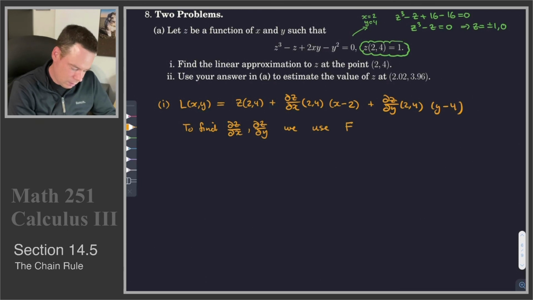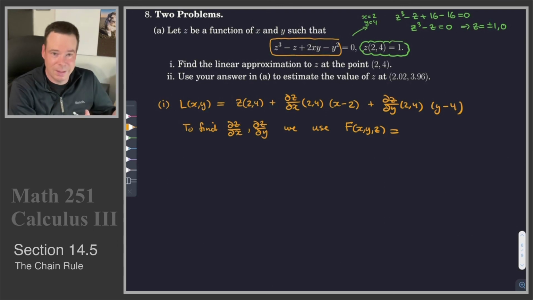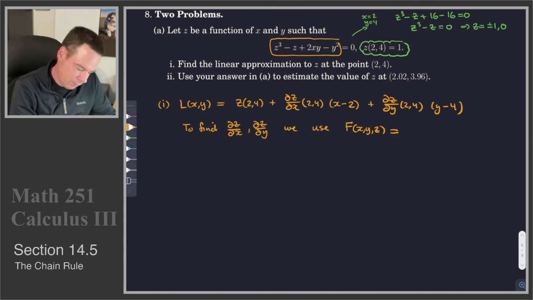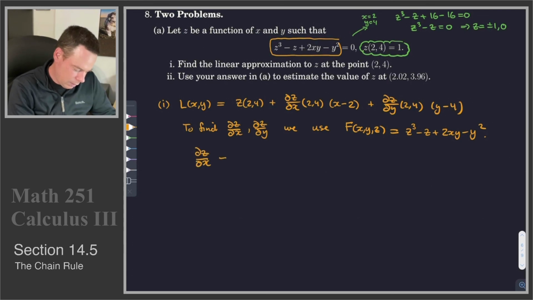we use this big function, capital F of x, y, z, and I look at the equation of my surface and pick off the left-hand side, as long as I've set the right-hand side equal to 0. In this case, it's of the right form: this thing equal to 0. So there is our function. dz/dx is given by negative F sub x over F sub z.